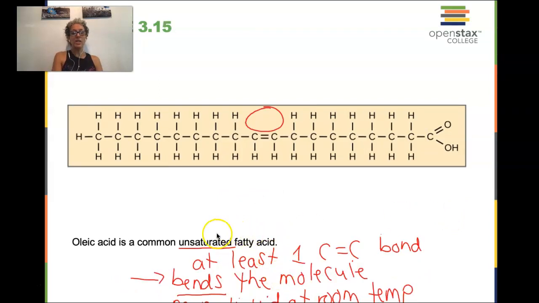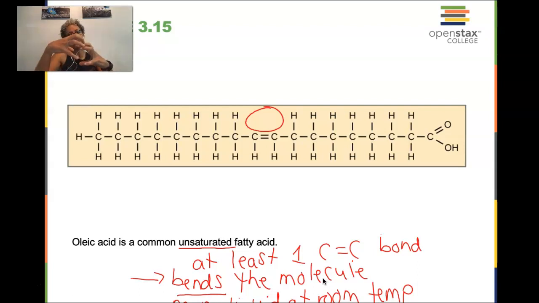In an unsaturated fat, there is at least one carbon-to-carbon double bond, and it's shown here as linear, but it tends to bend the molecule. Because when you have a double bond, you're getting a lot more crowding of those valence shells because you're having to share 2 pairs of electrons.